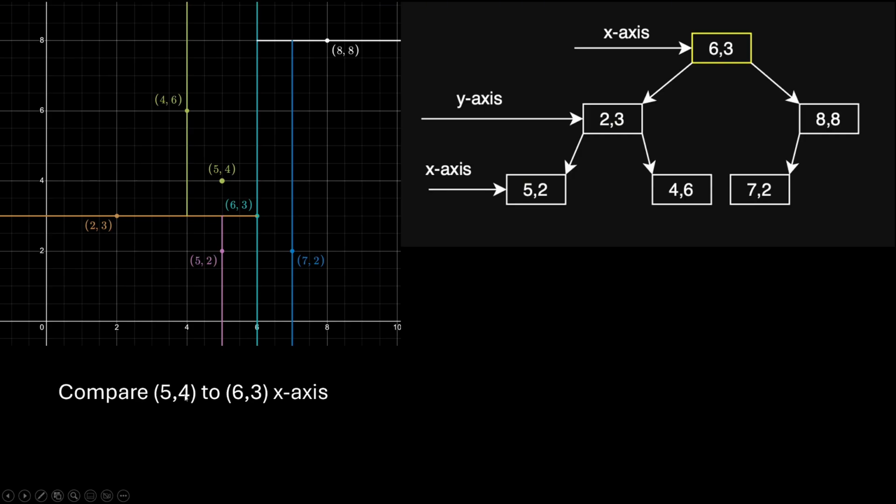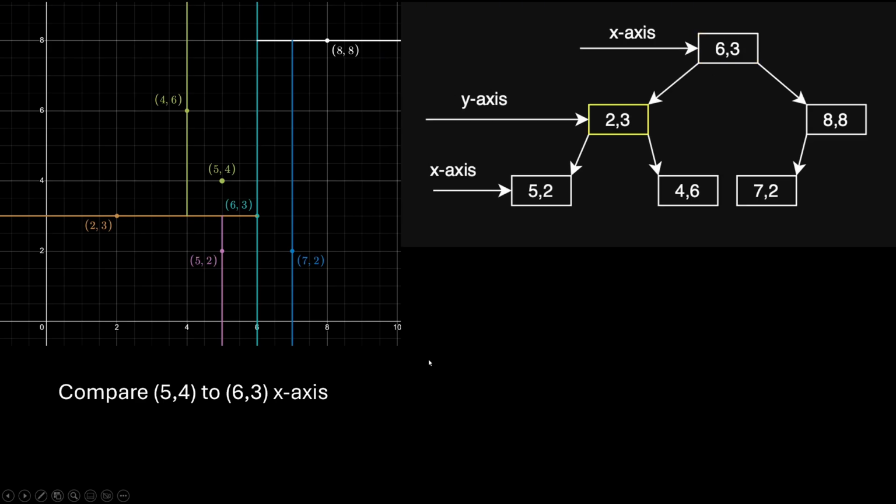We compare 5, 4 to 6, 3 along the x-axis. So we go left. Next, we compare 5, 4 to 6, 3 with the y-axis. This is actually wrong right here.